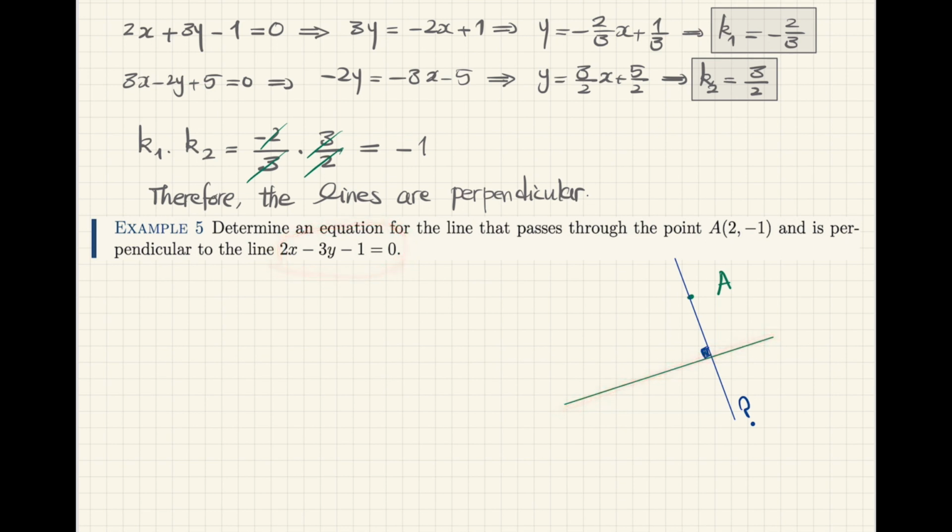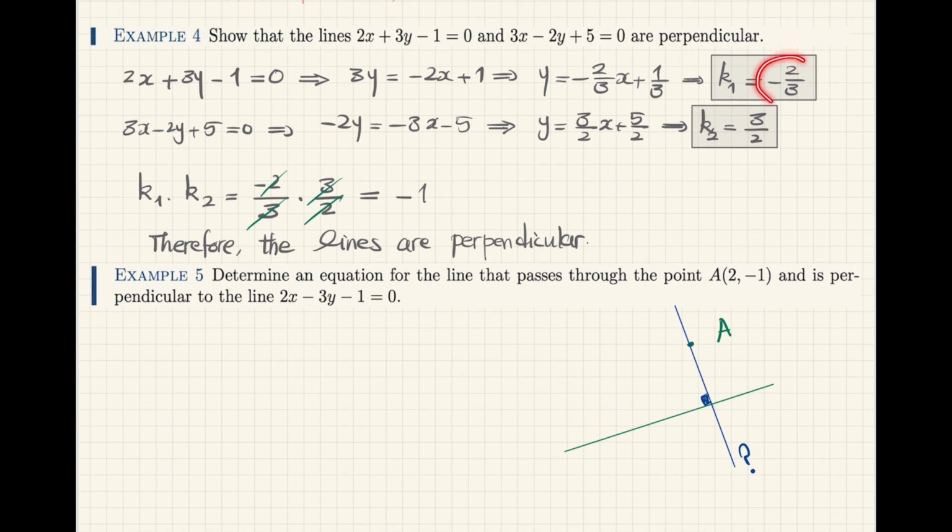So it means that if I ask you, is the k value of the green line known to you, you would say, yes, I know how to find it. And then I can ask you, is the k value of the question mark now clear to you? You would say yes, because this line is supposed to be perpendicular to this line. Whatever I get here, I find the reciprocal and multiply by a minus sign.